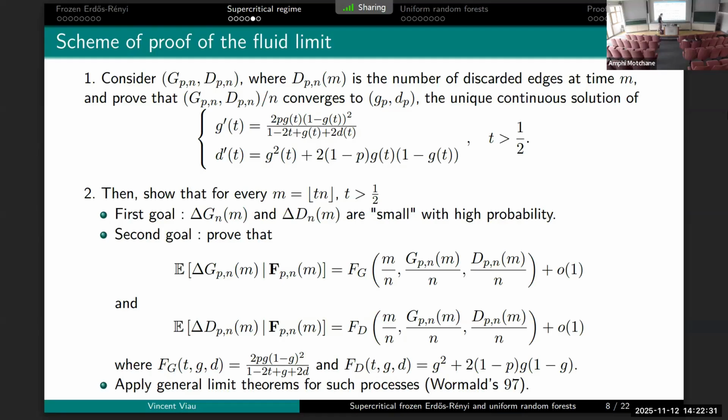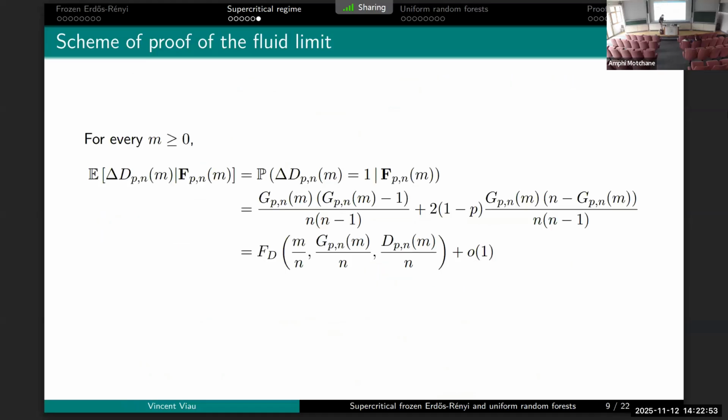Okay, so again, the first thing is that we have seen that the jumps, or the number of discarded edges, are small. Actually, we can directly also get the second discrete differential equation just by computing the conditional expectation of the number of discarded edges. This is just the probability to discard an edge at time m. You have two possibilities to discard an edge.